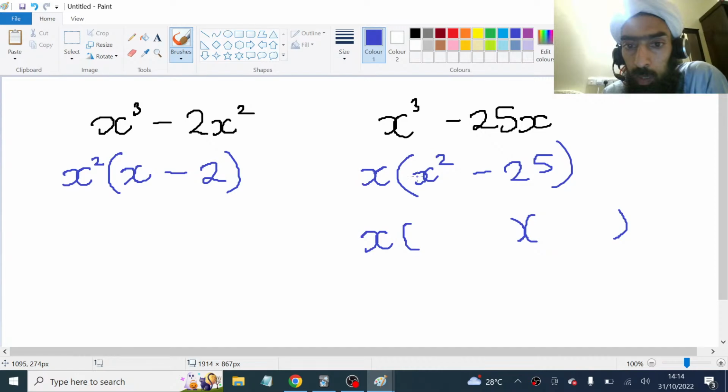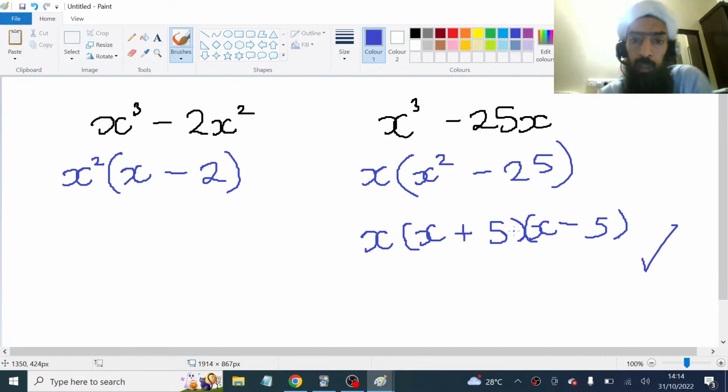So x squared minus 25: this is a square number, this is a square number. Use the square roots. The square root of x squared is x, so that goes in both brackets. The square root of 25 is 5, goes in both brackets. And then the signs are always opposite, plus and minus. So now that's factorized fully.